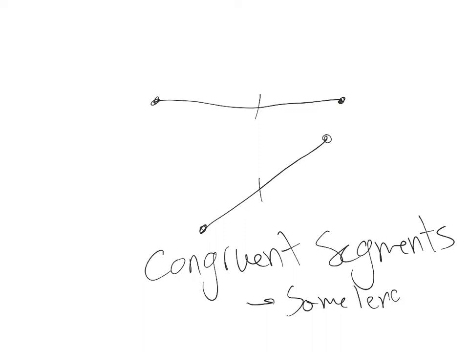That's really the only determining factor in terms of congruence of segments. The only determining factor is the length. And we can mark that with these tick marks you see here. That just means those are congruent segments. They might not actually be congruent segments, obviously, but the tick marks say, okay, geometrically speaking, for the purposes of this problem, those are congruent segments, and we have to move forward with that in mind.